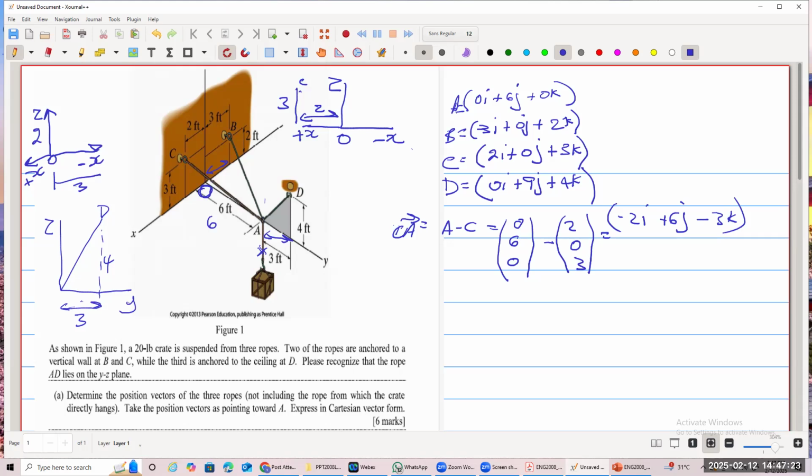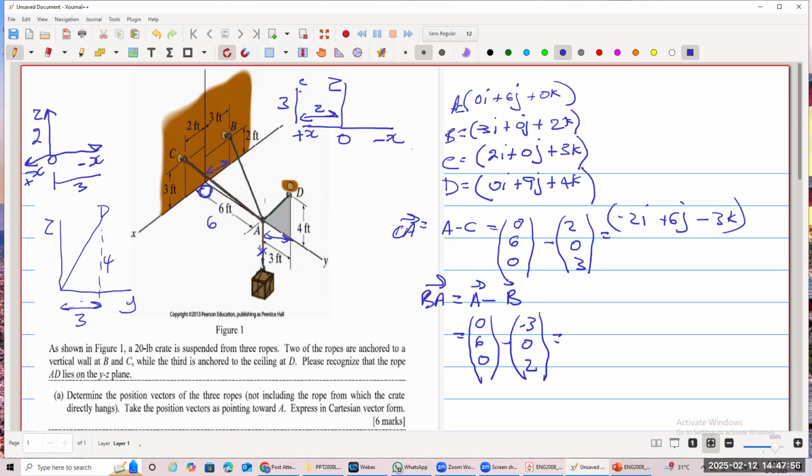Next one. Which other one do they want? They want BA. So you're going from B to A, and the relative vector says that is A and that's B. For this one, you simply put A again, and you put B. So A is still 0, 6, 0, and B is minus 3, 0, 2.